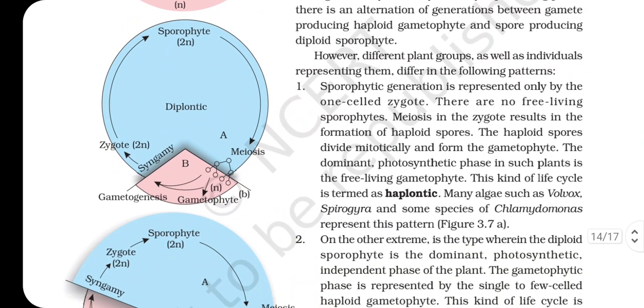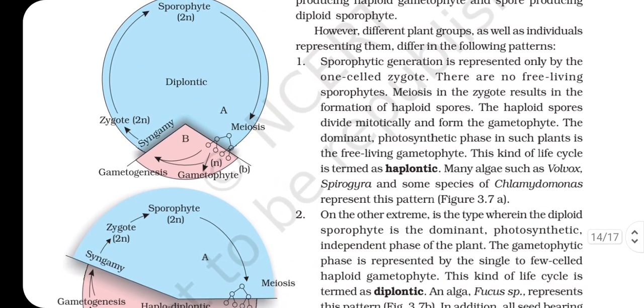The dominant photosynthetic phase in such plants is the free-living gametophyte. This kind of life cycle is termed haplontic. Many algae such as Volvox, Spirogyra and some species of Chlamydomonas represent this pattern.